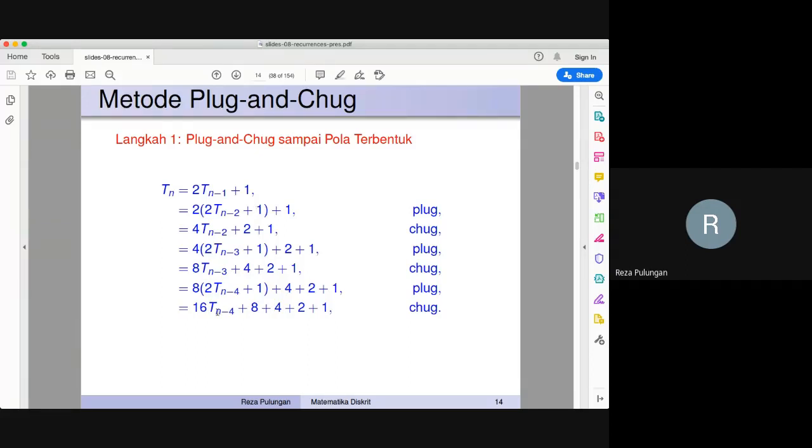So if this is n minus i, if I ask you right now, what will be in the front here? Anyone? So here, when we have Tn minus i, what will be at the front here?